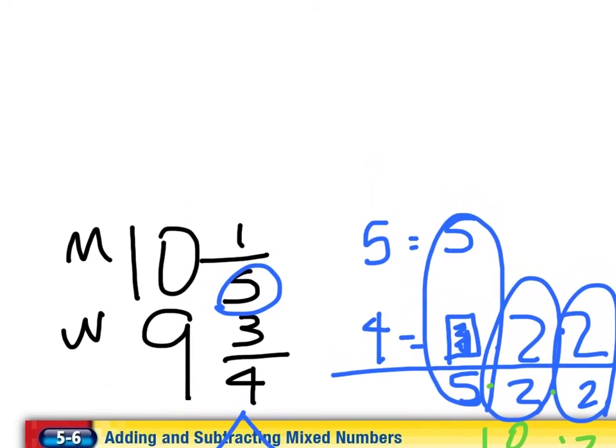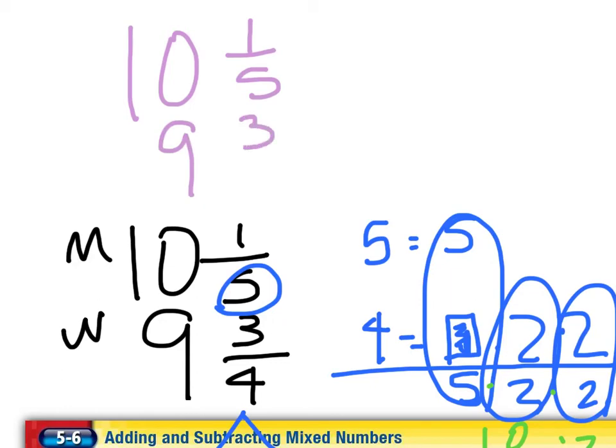Okay, so now, remember that our new common denominator is 20. So let's write our new fraction up here so we have plenty of room to work with it. So we've got 10 and 1/5, and we have 9 and 3/4.